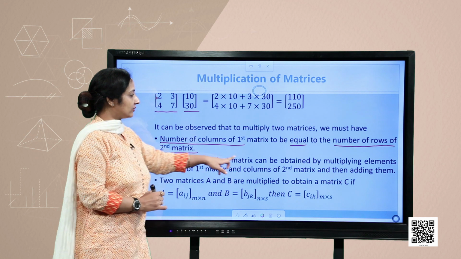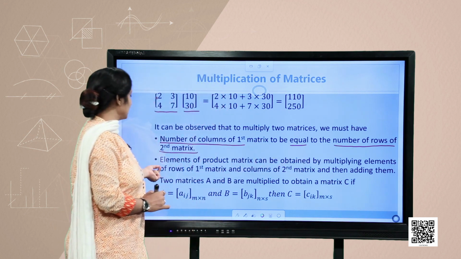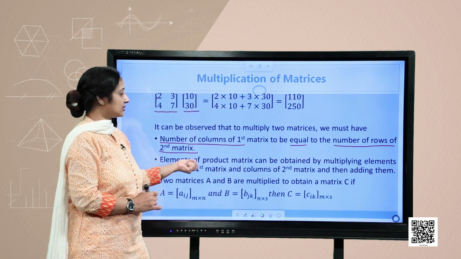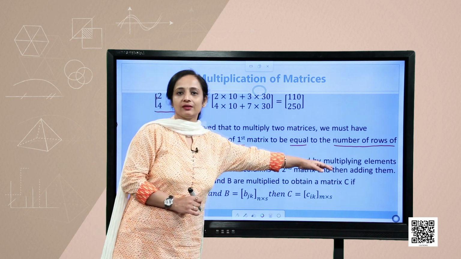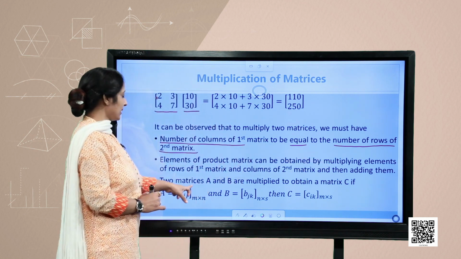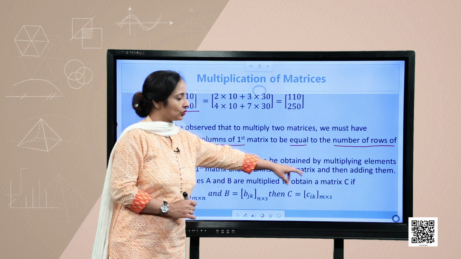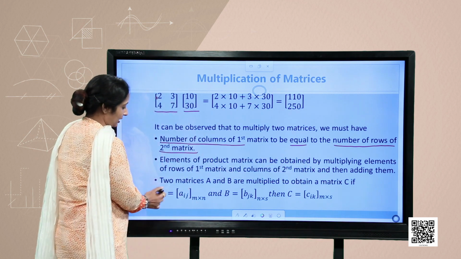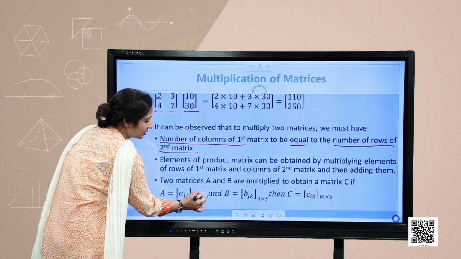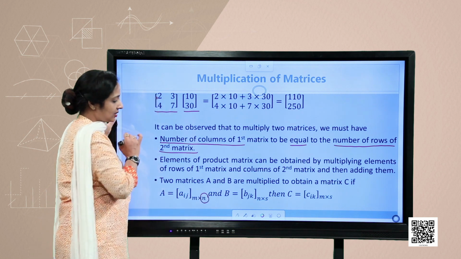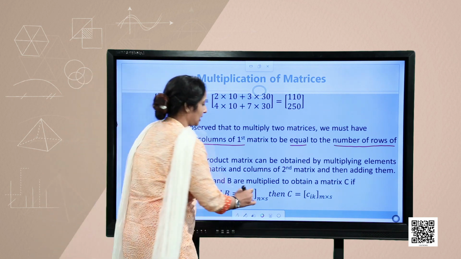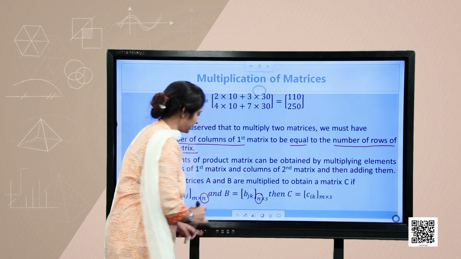Elements of the product matrix can be obtained by multiplying elements of rows of the first matrix and columns of the second matrix and then adding them up. Two matrices A and B are multiplied to obtain a matrix C if Aij is of order m by n and Bjk is of order n by s.